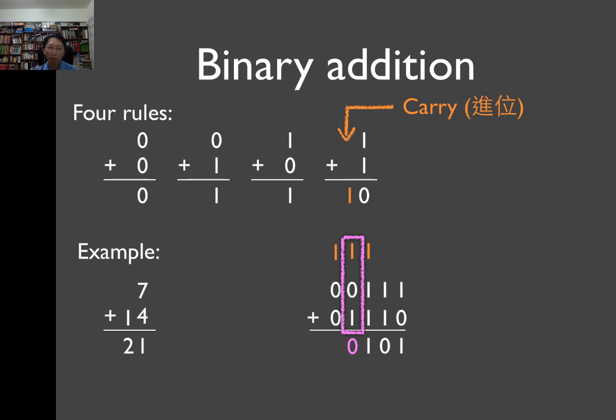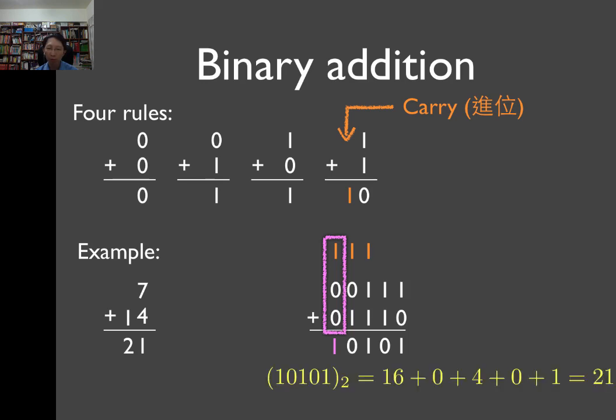And the next digit, we have 1 plus 0 plus 1. It is 1, 0. The last digit is 1 plus 0, which is 1. So we get 10101.